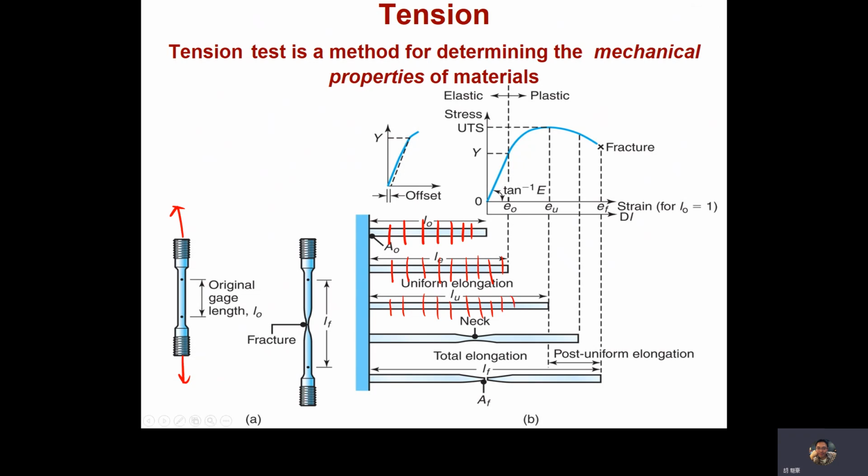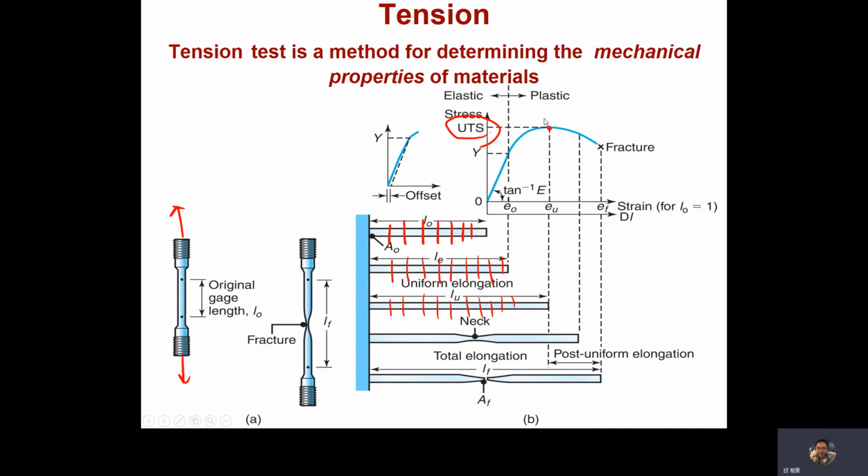And when the stress reaches a certain value, it's called ultimate tensile stress, the highest value of the stress. After the stress is higher than this point, UTS, a mechanical behavior occurs.